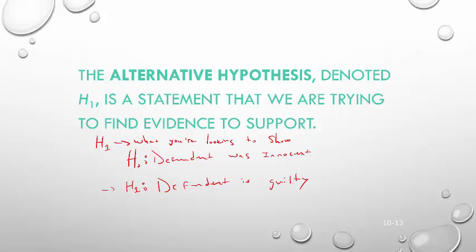But you always start with this base assumption that the defendant is innocent. So you're assumed true, innocent, and what they're looking to show evidence for is that the person is guilty.